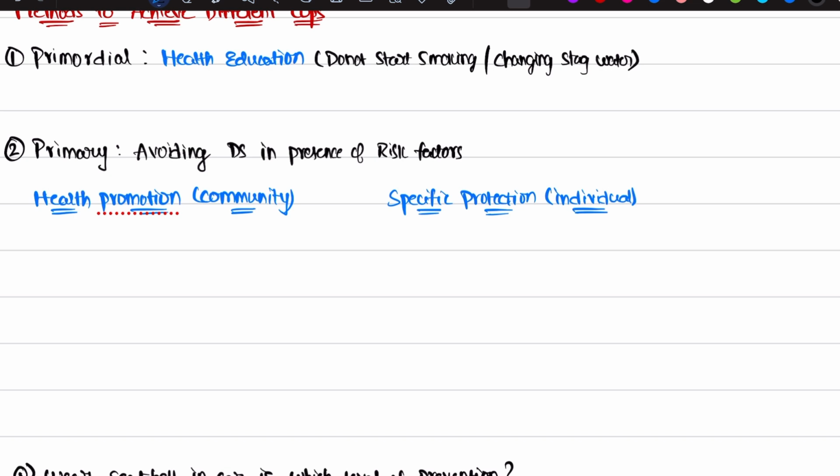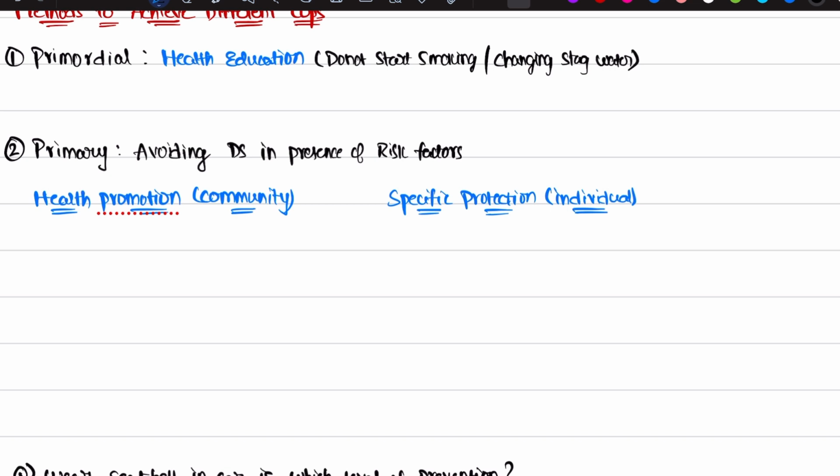It means you are protecting yourself by preventing more damage if you meet with an accident. This is only for individual protection, so it comes under specific protection.